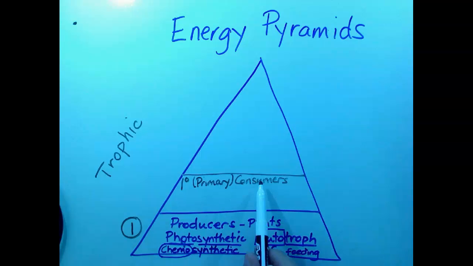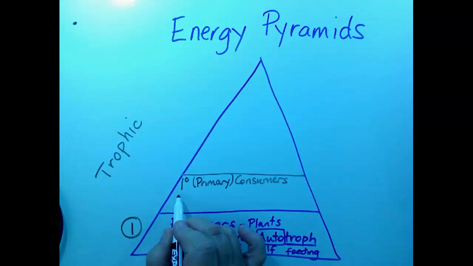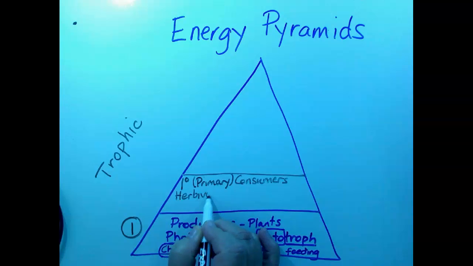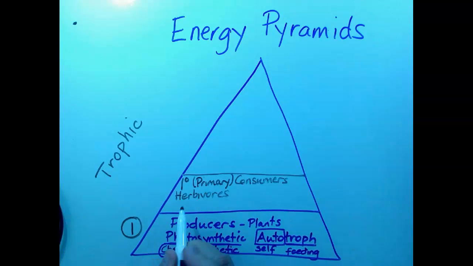And so the primary consumers are the guys that generally eat these guys. And we're just going to very generally say that these guys are typically plant eaters, and plant eaters are known as herbivores. Okay? And herb means plant, and vor means eater or to eat. So if you're an herbivore, you eat plants.